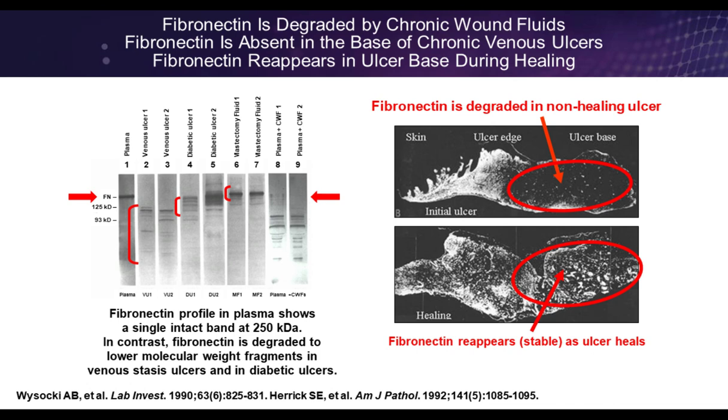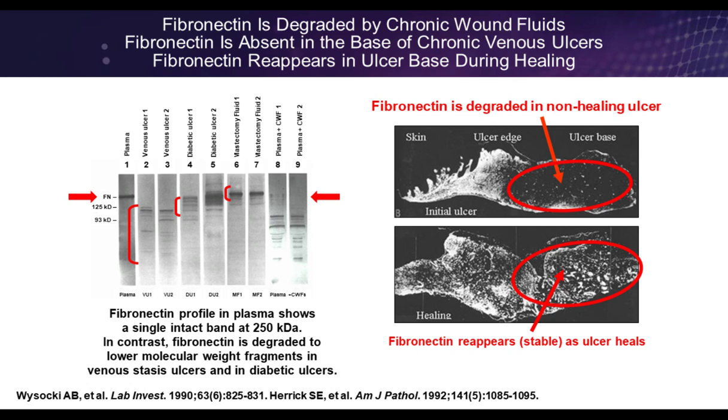Now, that's very different than what we see in healing mastectomy wound fluid patients, where the fibronectin is in fact still intact. And then finally, if we add the mastectomy fluid to chronic wound fluid, we can see that the intact fibronectin in the healing wound fluid is rapidly broken down again into these smaller fragments.